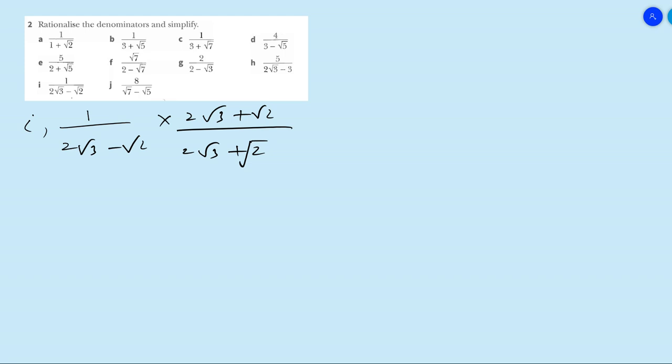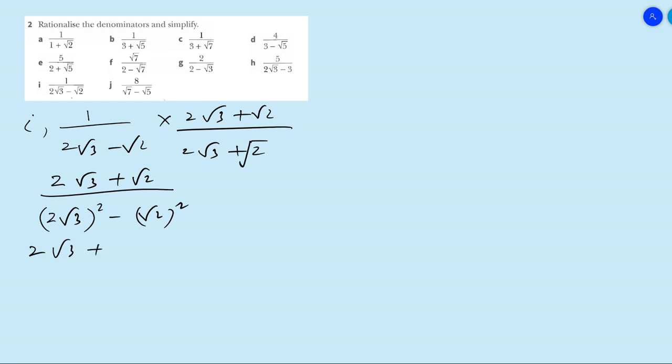Numerator by numerator, 2 root 3 plus root 2, something multiplied by 1 does not change, upon 2 root 3 minus root 2 times 2 root 3 plus root 2 is a square: 2 root 3 square minus root 2 square. Now 2 root 3 plus root 2 upon 2 and root 3 square. It will be 2 square is 4, and square and root cancel, 3, minus square and root cancel, 2.